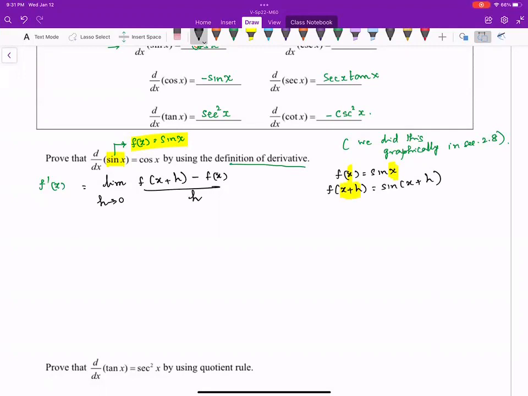No. The sine of x plus h, by trigonometry, we know that it looks like sine of u plus v. So it is sine u cosine v plus cosine u sine v. This is the sine sum formula.